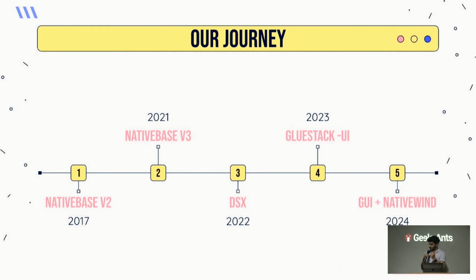After that, we created DSX, a tool for a similar design system. It allows third parties or other companies to quickly build their own design system using NativeBase. In 2023, we realized there was a lot going on in NativeBase, because it was compiling styles and handling accessibility and everything on its own. So there was also a performance issue.